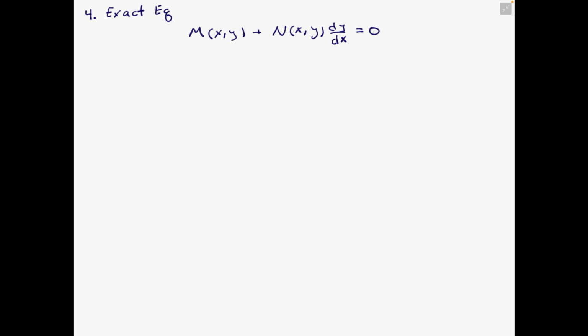So we have a function, let's say M(x, y) plus N(x, y) dy/dx equals 0. We have an equation of that form, and I'm going to move myself out of the sun.